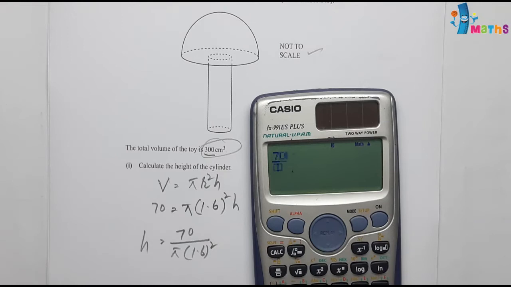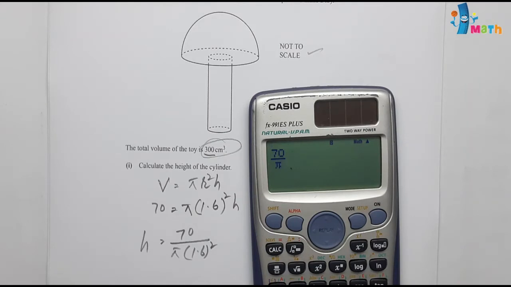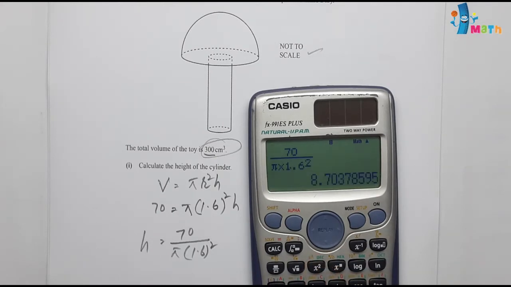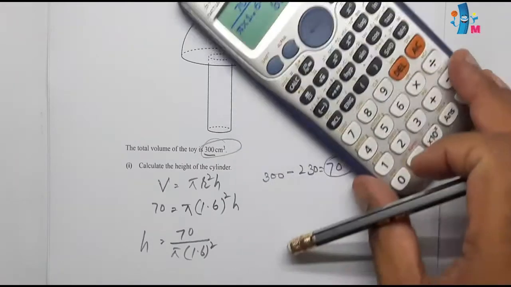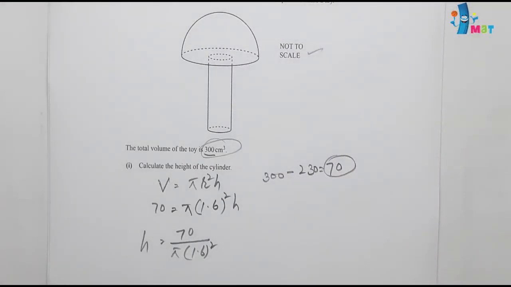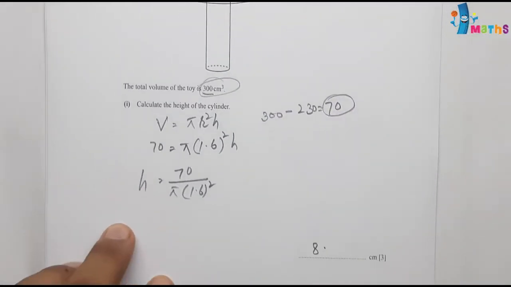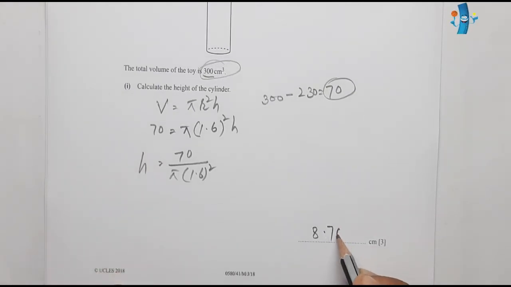So 70 divided by pi into 1.6 squared. So this will be equal to 8.70. So I will write the answer 8.70 centimeters.